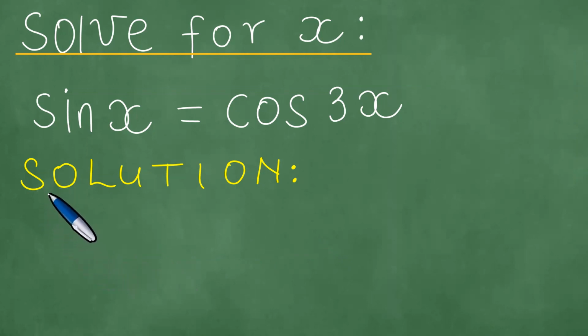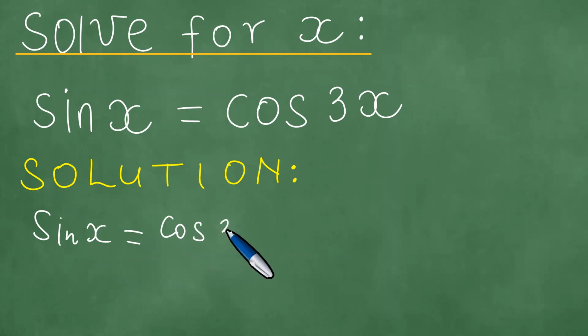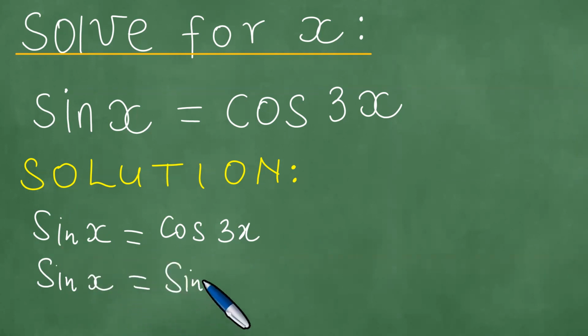So we have here the sine of x, which equals cosine 3x. And this means we have the sine of x equals the sine of 90 degrees minus 3x, right?